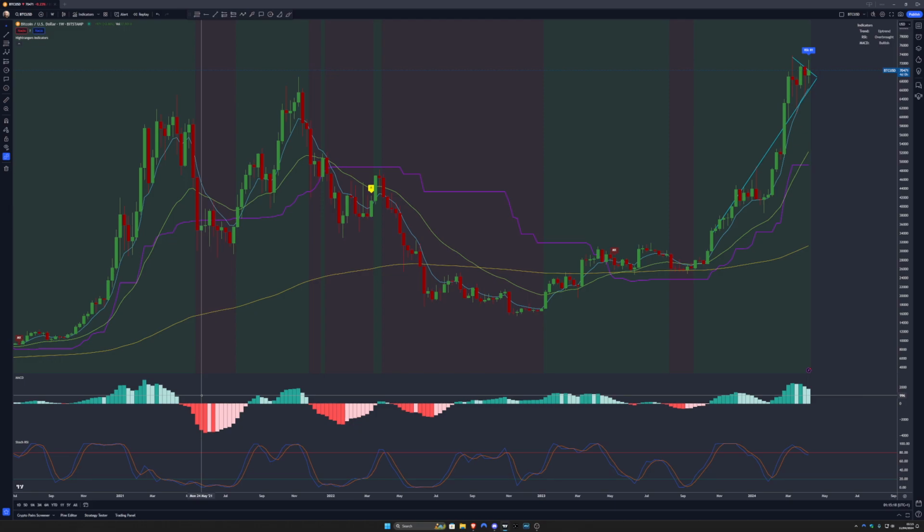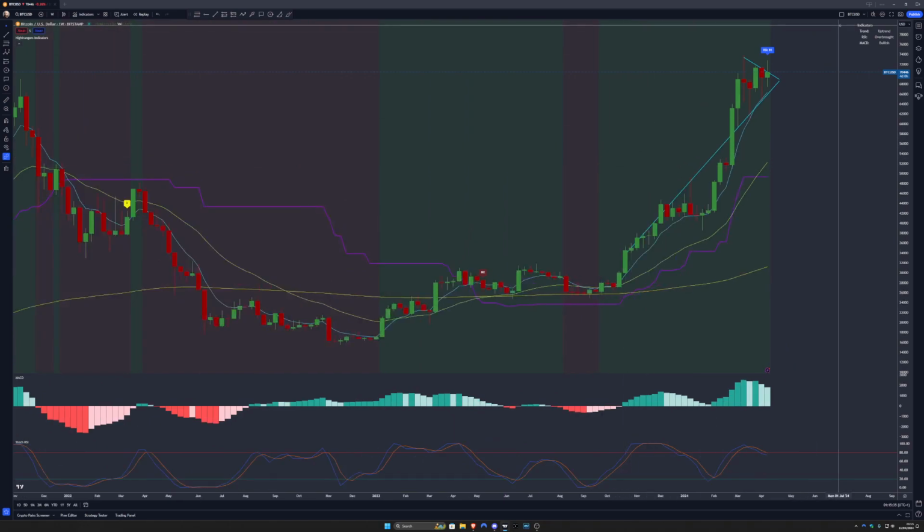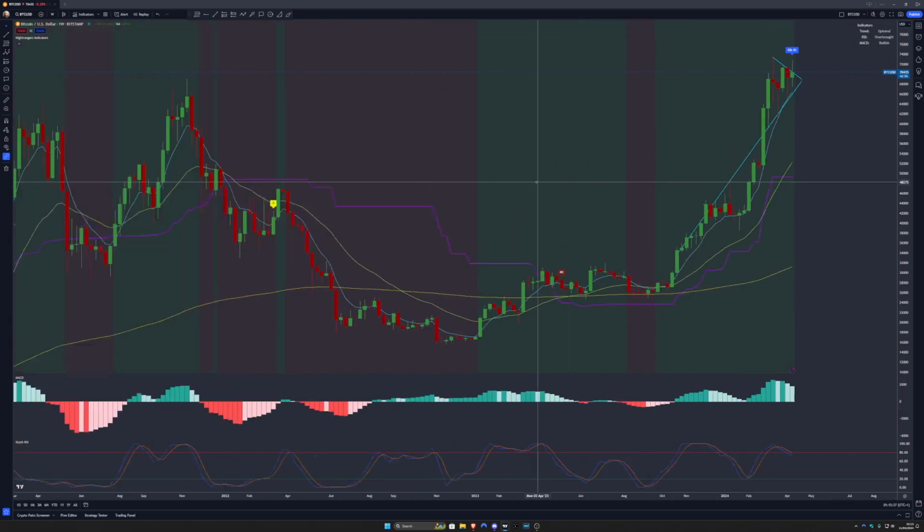So you will have to get the MACD and the stock RSI to work hand in hand with my indicator. I've tried to put as much information in on the indicator as possible. However, it works best when you use the MACD and the stock RSI visually like this. However, you don't need to, as all the information's up here.